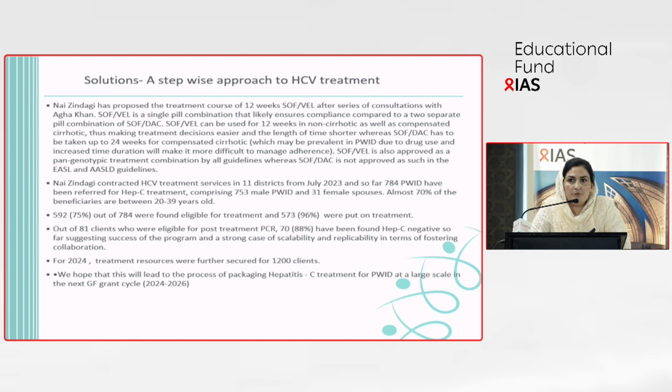For 2024, treatment resources were further secured for 1,200 clients with the help of Global Fund. We hope that this will lead to the process of packaging hepatitis C treatment for PIVOT at a large scale in the next Global Fund grant cycle, 2024 to 2026.